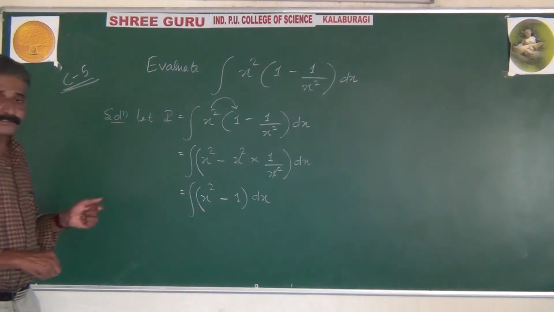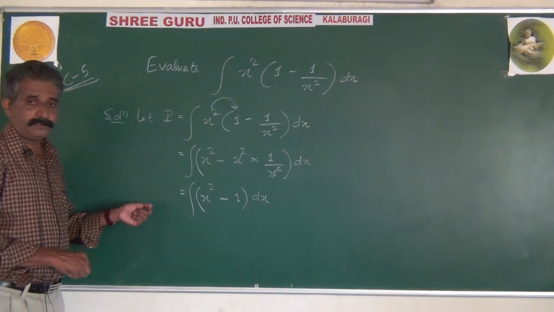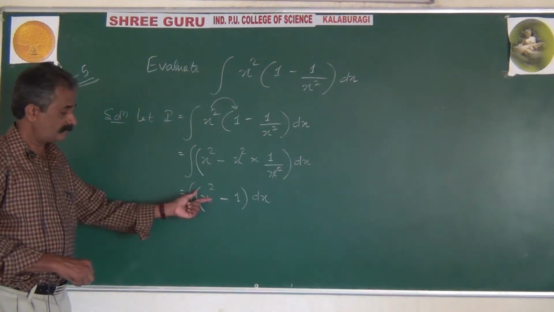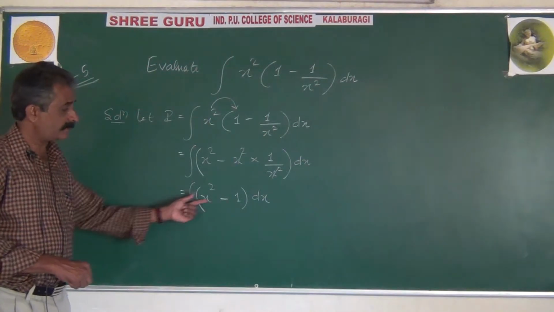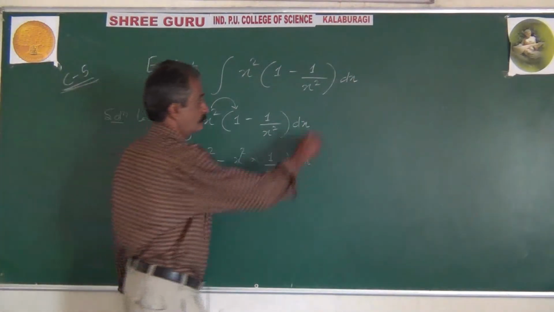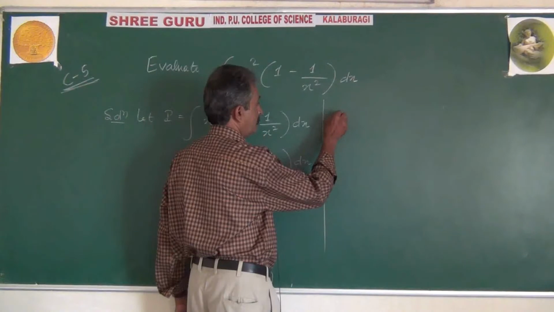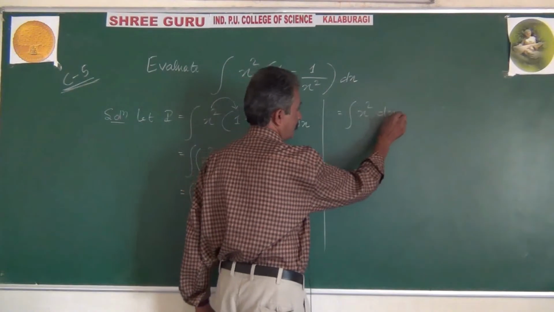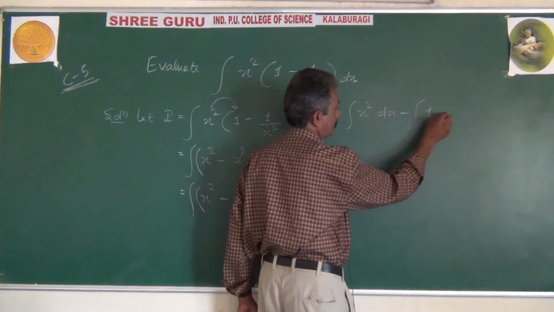Now we can apply a rule of integration, which means we can decompose into two integrations. First integration for x square, second integration for 1. So that equals integration of x square dx minus integration of 1 dx.